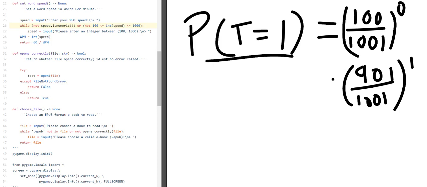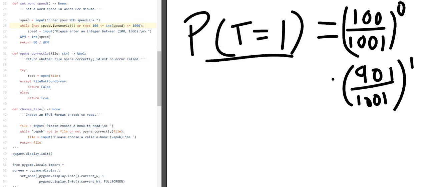So this resembles a geometric distribution, but this goes to infinity. Remember, there's no upper bound on how many times we select this. So actually, let's not even look at it as a geometric distribution.